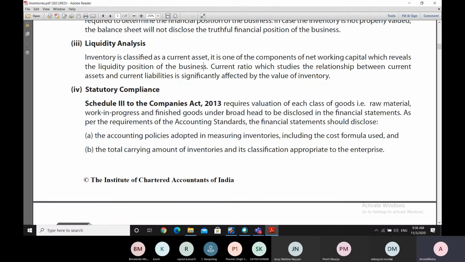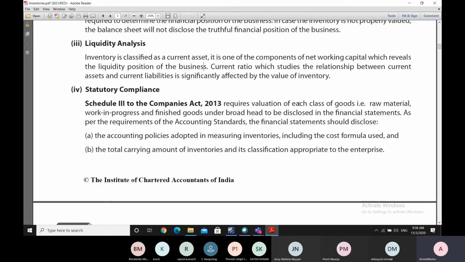So we go further and we understand what is the significance. Why do we do the inventory valuation? Another important reason is that it is prescribed by the law to do the inventory valuation. The Schedule 3 of the Companies Act 2013 has made it mandatory that valuation should be done of each class of goods.